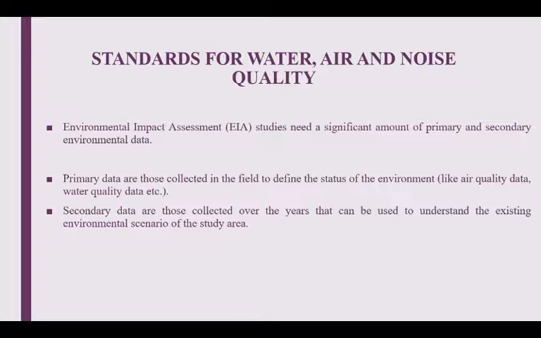So primary data means that at the time of evaluating the EIA study, we'll need data like air quality, water quality, etc. But secondary data means the data has already been stored over the years, and we just have to refer to those data, so the existing scenario of the environment of the particular area should be well known.